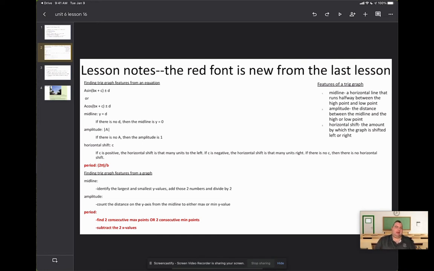So we've talked about how, for example, the cosine graph starts at 1, goes down to -1, and then back up to 1. And then the sine graph starts at 0, goes up to 1, down to -1, and then back up to 0. All right.